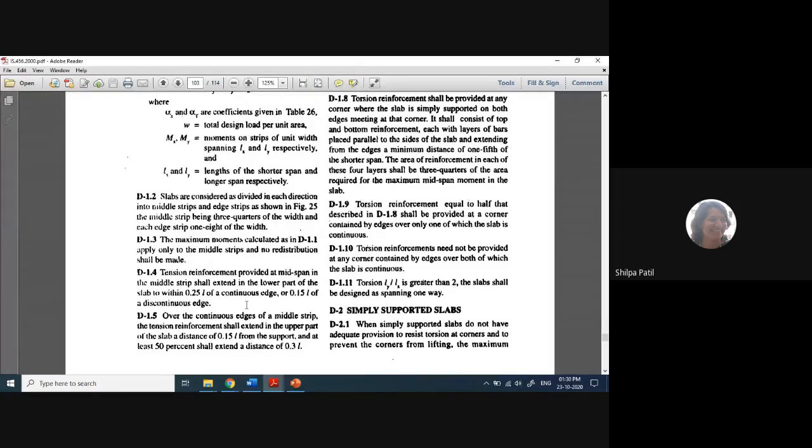For a discontinuous edge, the bars are bent at a distance of 0.1 L from the face of the support and the bent bars are provided in the compression zone. But from the same point, the remaining 50% bars are extended in the support region, in the lower region itself, that is in the tension zone, up to a distance of 0.15 L. Okay, this is for a discontinuous edge, whereas for a continuous edge, it is 0.25 L. This we have already discussed during yesterday's lecture.